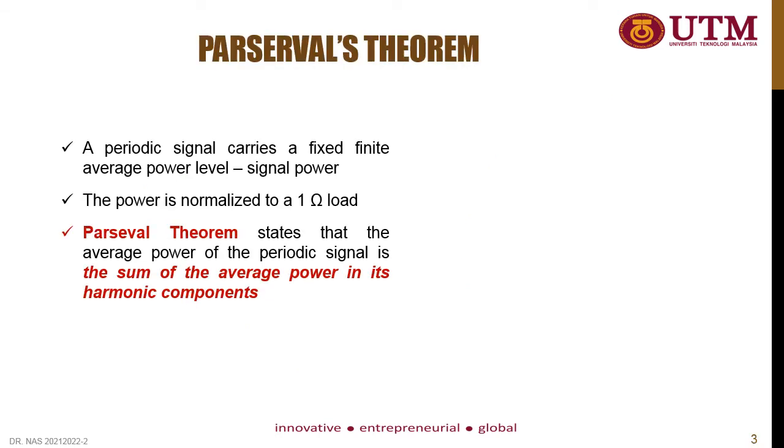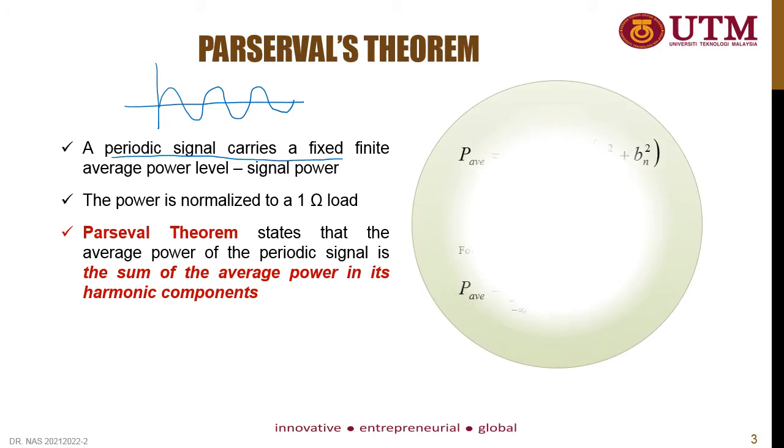Okay, let's look at Parseval's theorem, which states that the average power of the periodic signal is the sum of the average power in its harmonic components. Basically a periodic signal carries a fixed finite average power. So if you have a periodic signal, for example like this, it carries fixed finite average power. We can use Parseval's theorem to calculate the average power by considering each of the components.